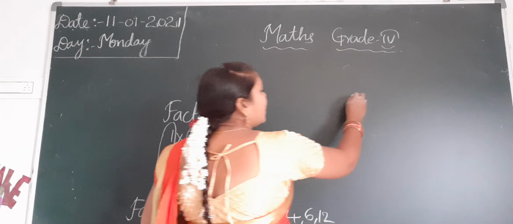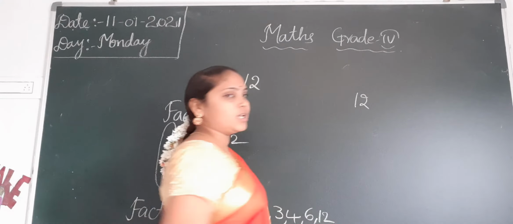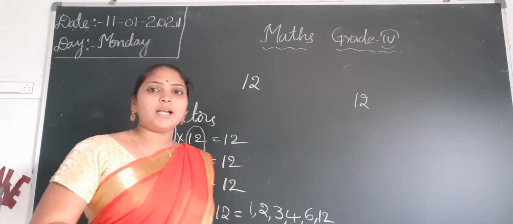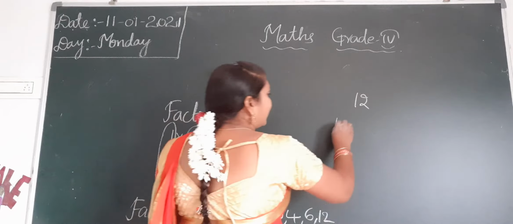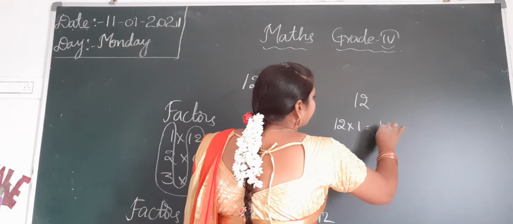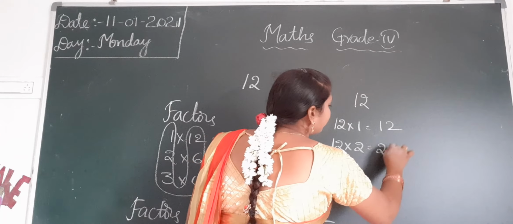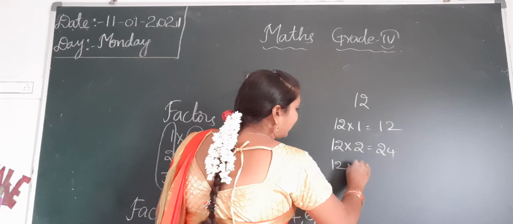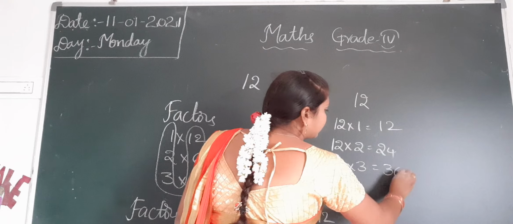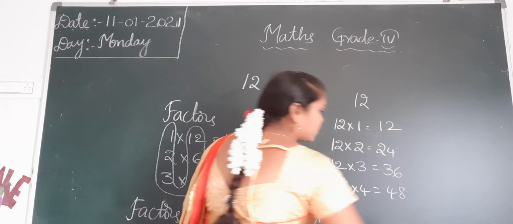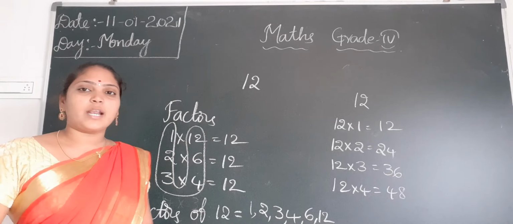Now write the multiples of 12, children. What are the multiples of 12? 12 ones are 12, 12 twos are 24, 12 threes are 36, 12 fours are 48. Like that you have to write.